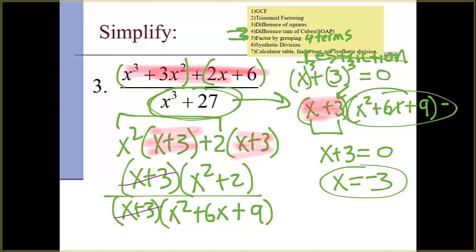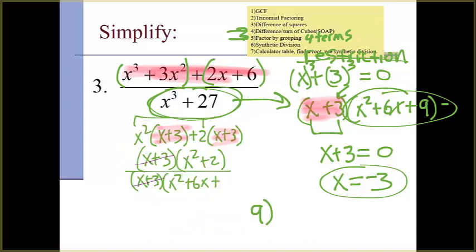So those cancel out. When you get this answer, the answers can be a little tricky because you've got a lot of stuff going on here. But the answer to this is going to be whatever your canceled out married couple part is. So we have x squared plus 2 over x squared plus 6x plus 9.